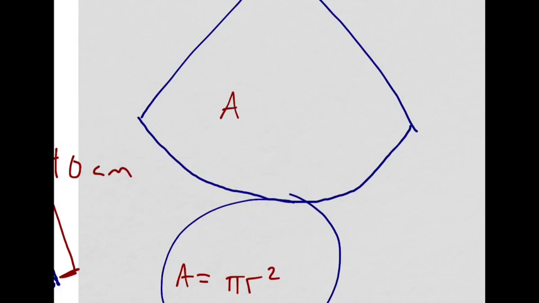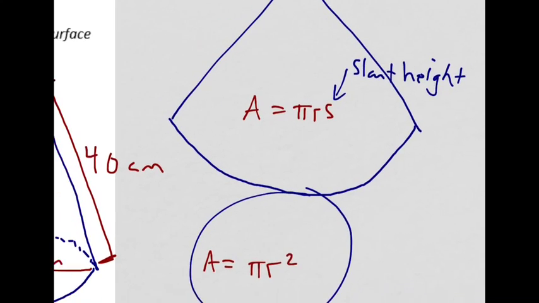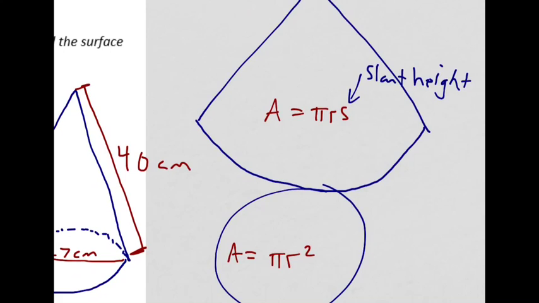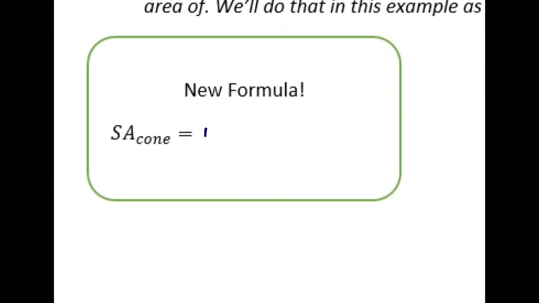And the lateral face is pi r s. In this case, s is the slant height, and r is the radius like you would expect. So the total surface area of a cone, the generic formula, is pi r squared plus pi r s.